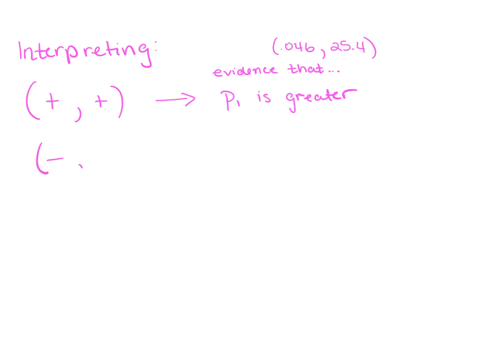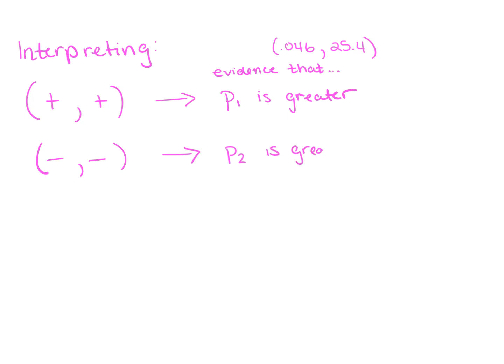Well, it could both be negative. I have an easier time mentally talking about things in a positive way. I get into double negatives and can confuse myself. Maybe you're fine. But if they were both negative values in our scenario, we'd have evidence that the proportion of males is greater.